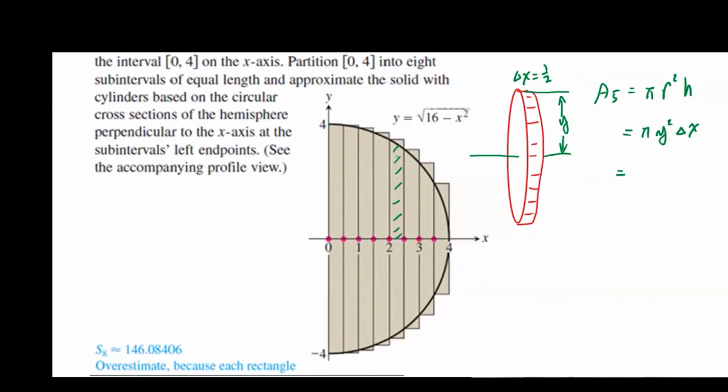And then we literally plug it in, pi square root of 16 minus, this is 2 right here, isn't it? This left hand is 2 because it's a left rectangle. So 2 squared and times 1/2. Somebody punch the calculator and tell me what this is.